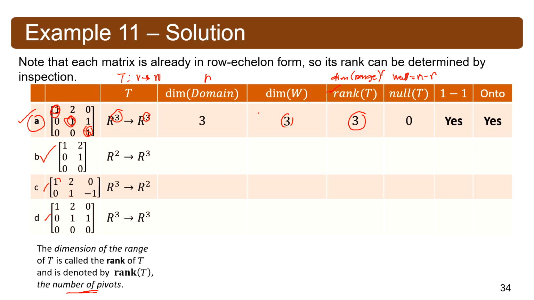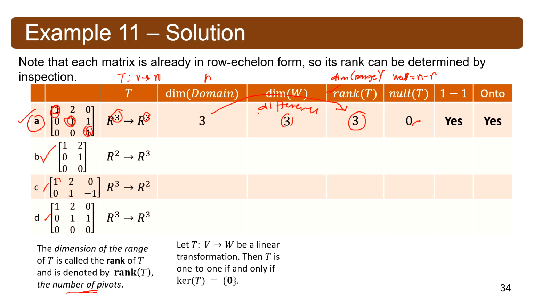We get the difference, and that gives us 0. When it is 0, then T is one-to-one if and only if the kernel is equal to 0. This is also the kernel, remember, ker of T. So it is equal to 0, so it is one-to-one.